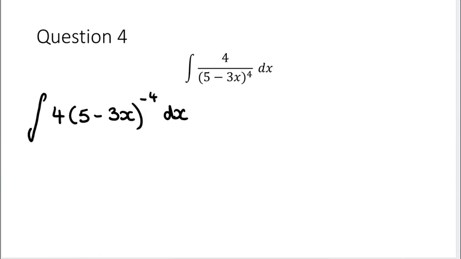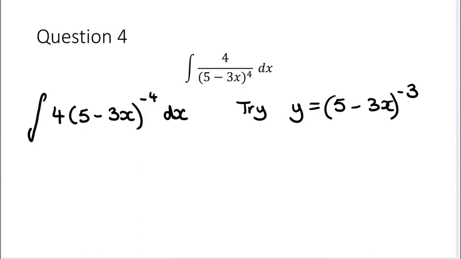So I'm going to try y equals 5 minus 3x to the power of negative 3. So basically just raising the power of the bracket by 1. And I'm going to see, if I differentiate this, do I get the result that I want?